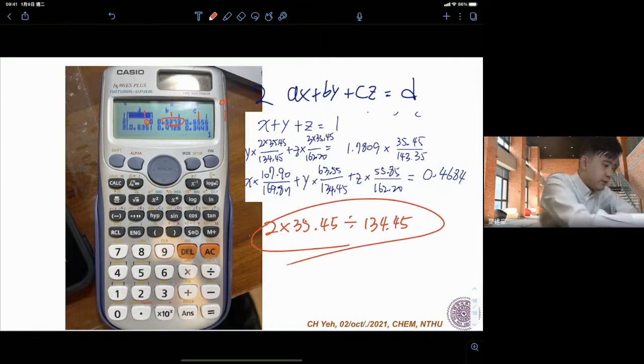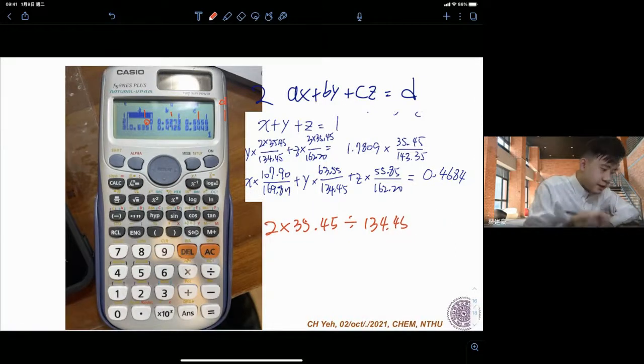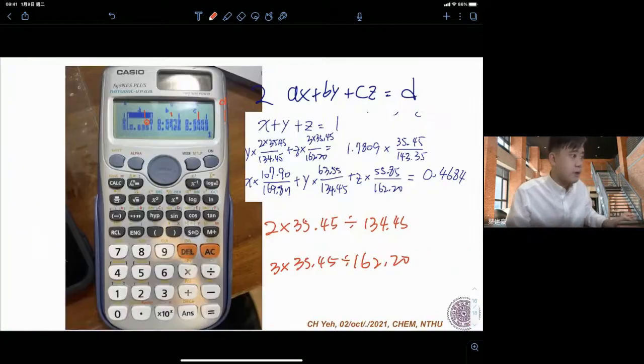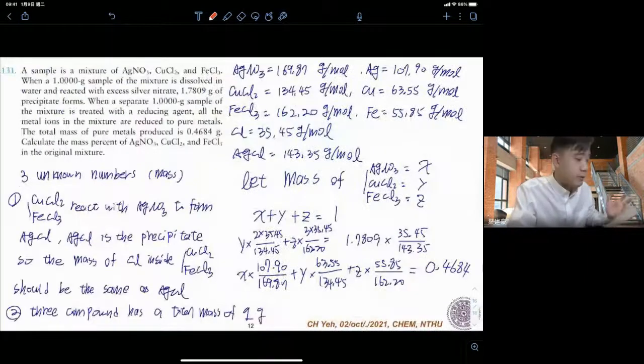Then for z, you type in 3 times 35.45 divided by 162.20, and so on. You just do a calculation like this, and you can get the whole answer, and I will not calculate it.